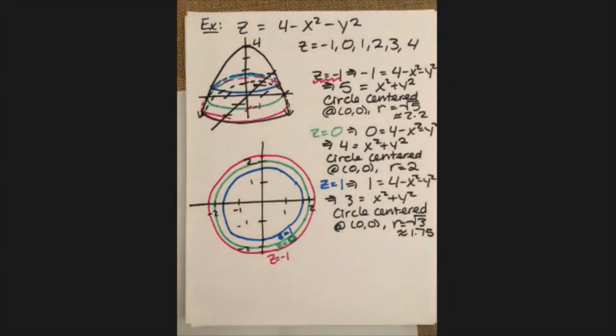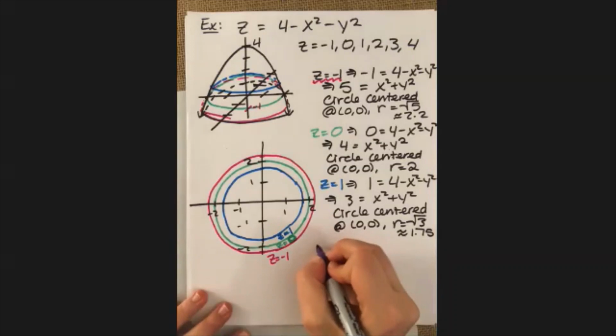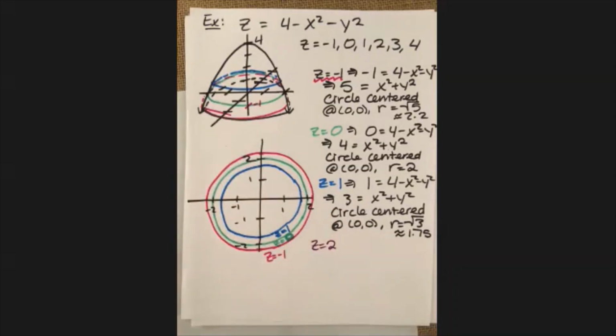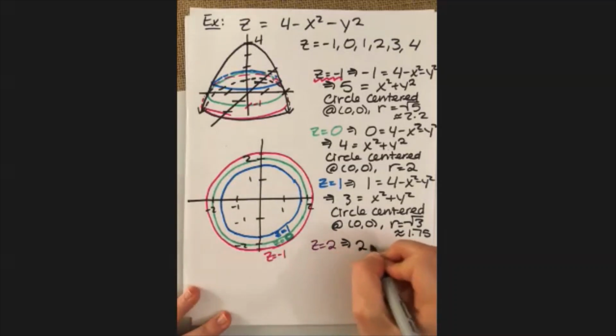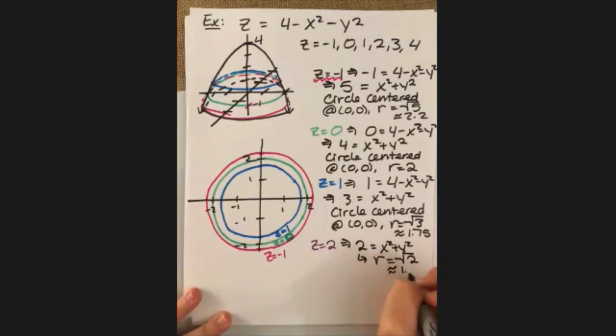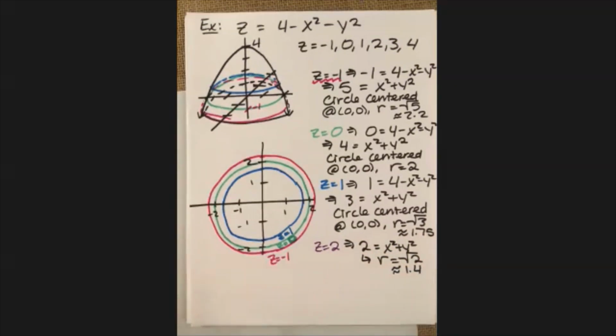All right, so our next one is going to be z equal to 2. And we're going to have the same idea here. So I'm just going to write out that we wind up with the circle 2 equals x squared plus y squared. And this means that our radius is equal to square root of 2, which is about 1.4 in that case.